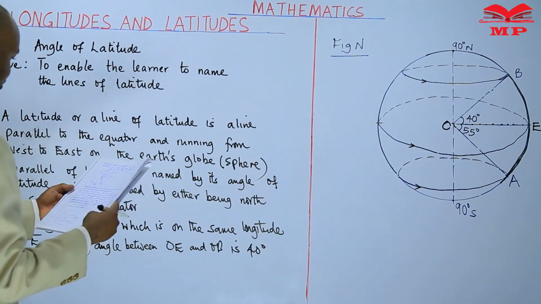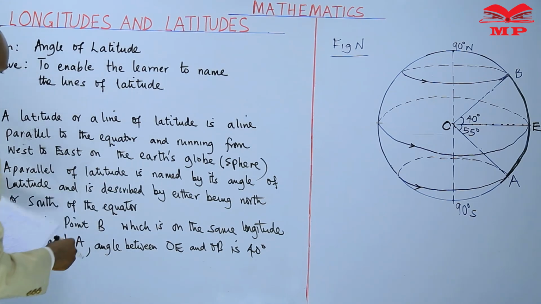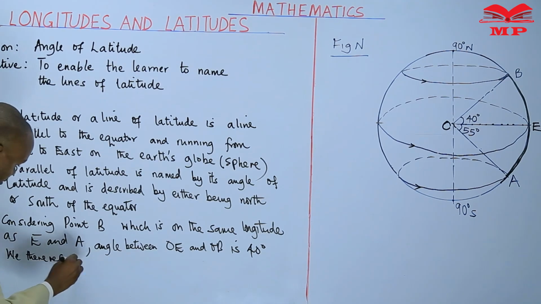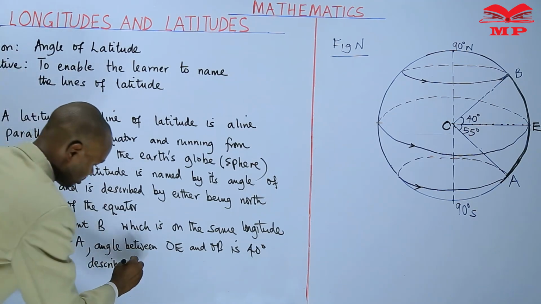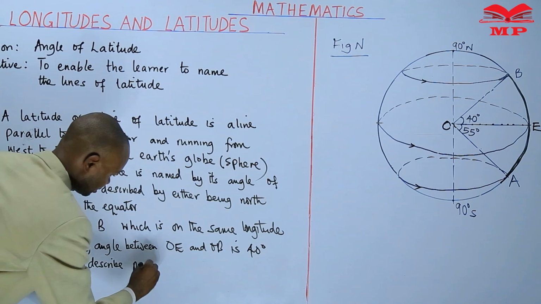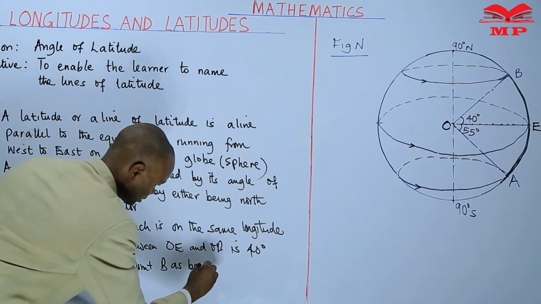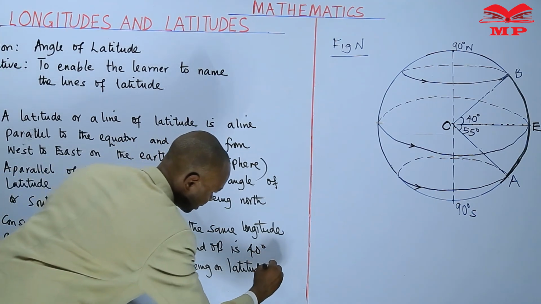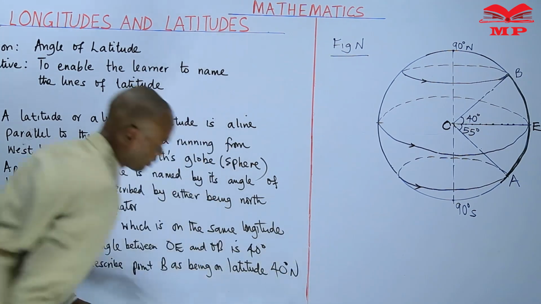We therefore describe point B as being on latitude 40 degrees north.